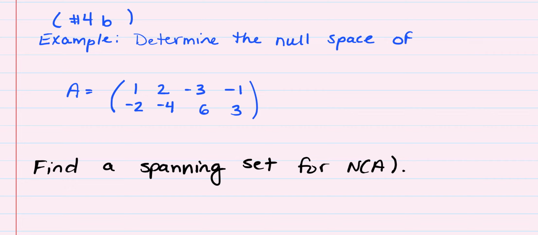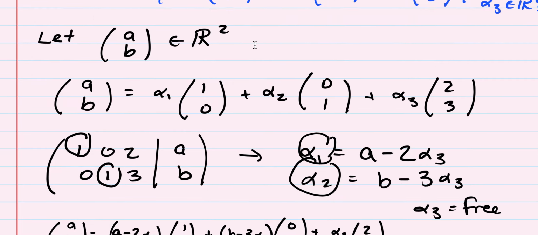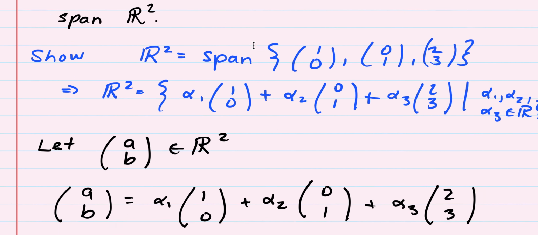So let's write down what the solution was. I thought I had it copied, so give me just a second to copy it down. Actually, I might have it written down.